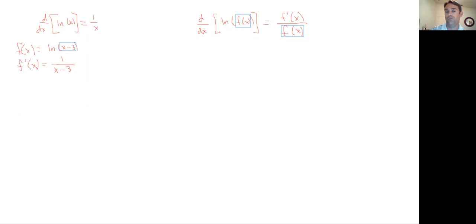That's all we're doing with these here, friends. We're not going to be doing a whole heck of a lot. So let's have you guys try a couple of these to see how you do. So f of x equals the natural log of x cubed.